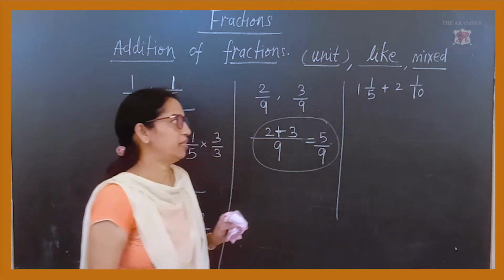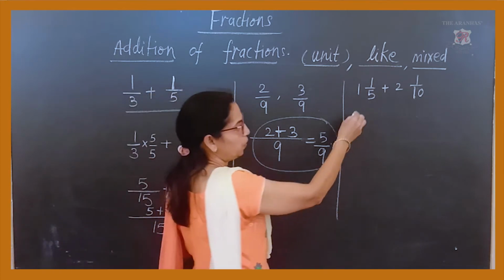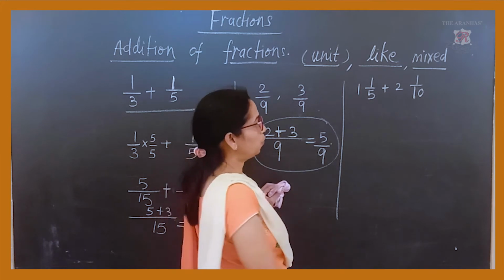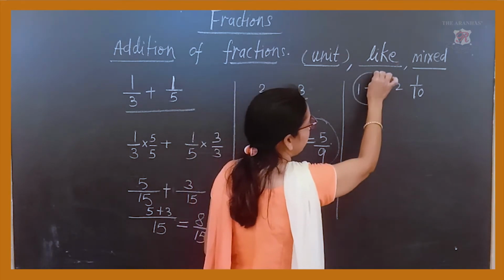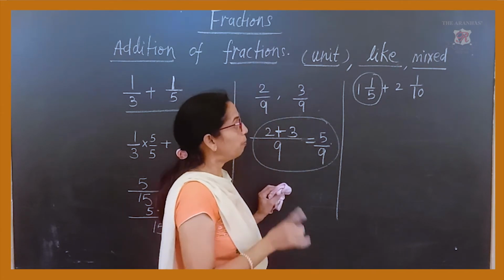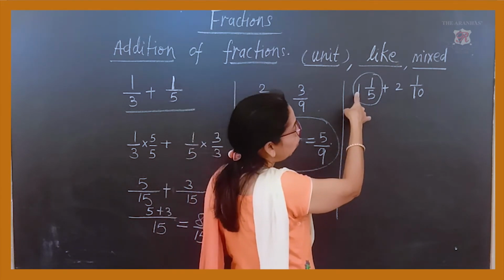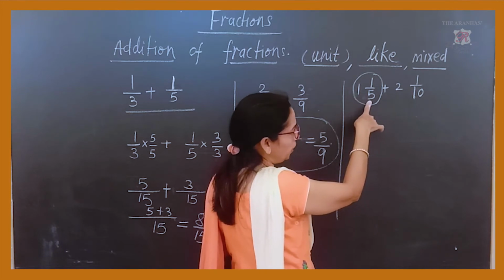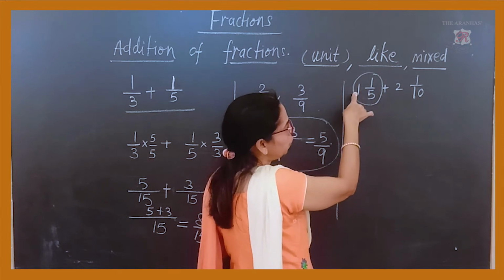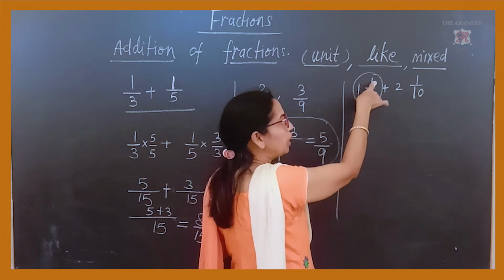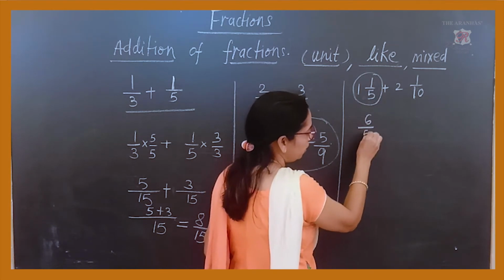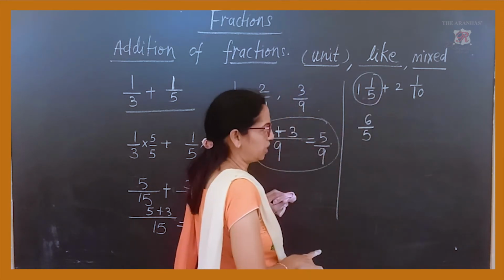In such cases when we have mixed fractions, first we have to convert each mixed fraction into an improper fraction by multiplying the whole number with the denominator and adding the numerator. So 5 into 1 is 5, plus this 1, 5 plus 1 will be 6 upon the denominator as it is.